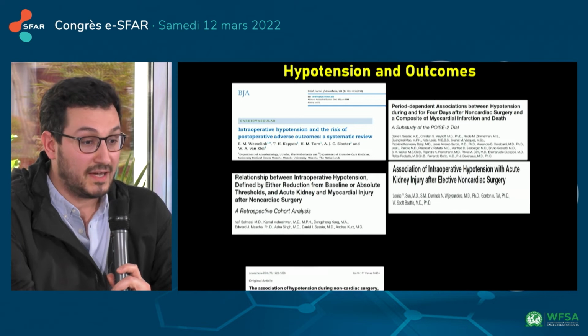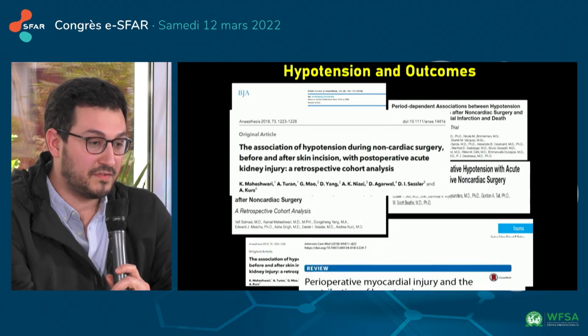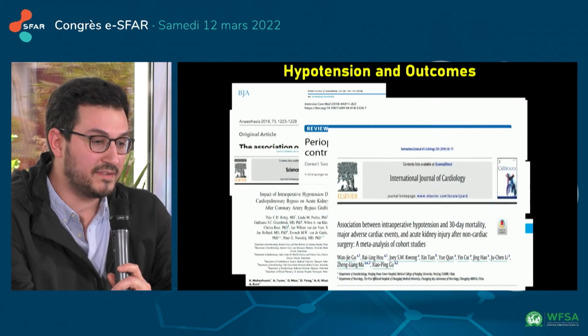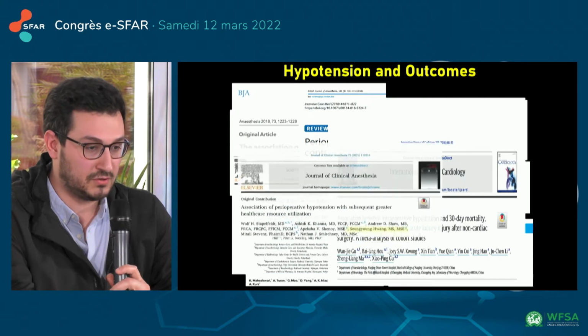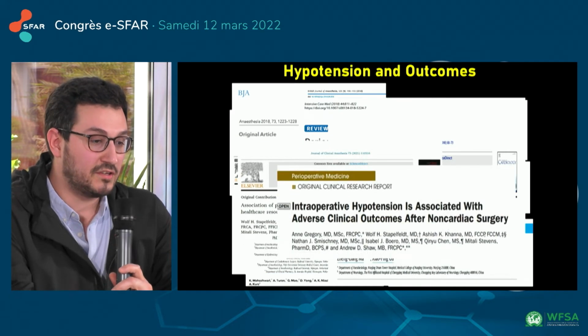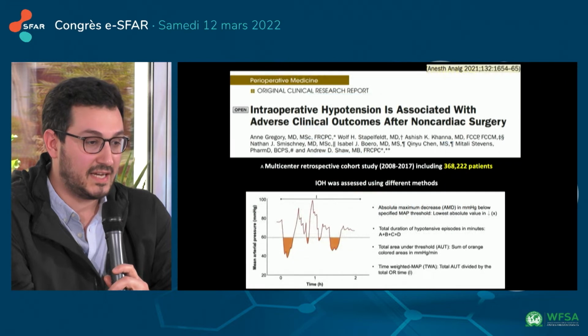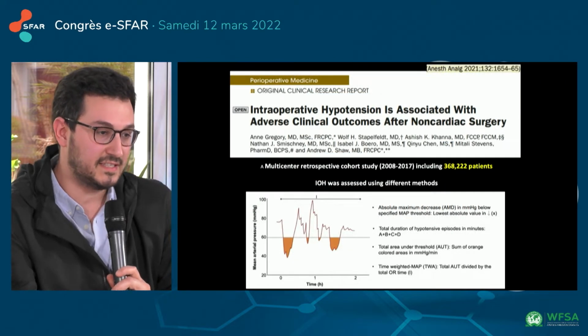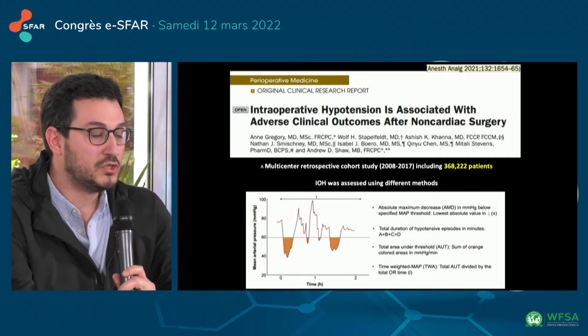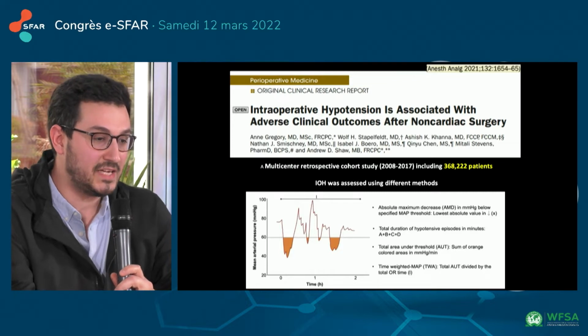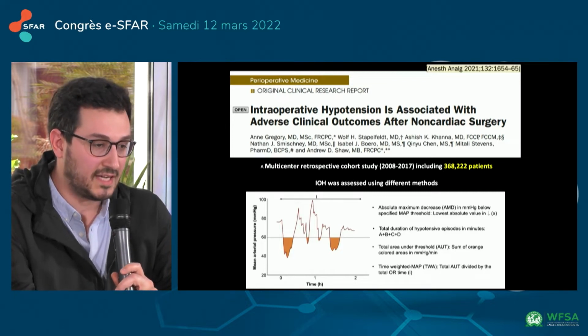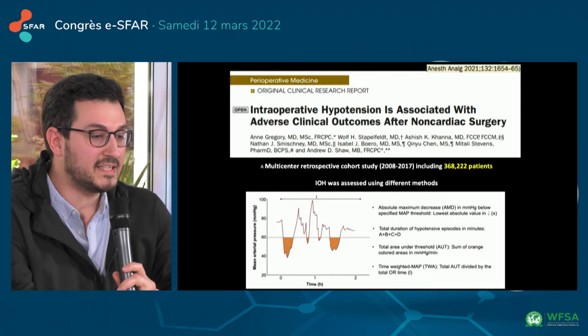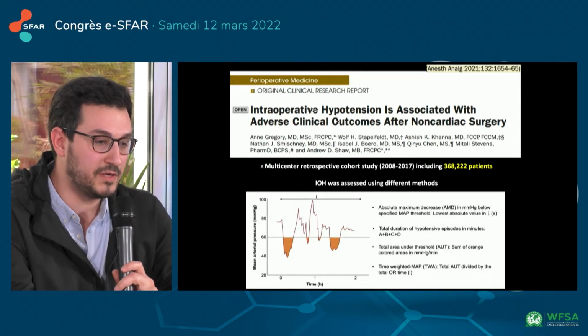We have a lot, as I said, of retrospective studies, almost one each month in high impact factor journals, and I will discuss the latest one published in Anesthesia Analgesia last year, which included more than 368 patients undergoing non-cardiac surgery, and they defined intraoperative hypotension using different methods.